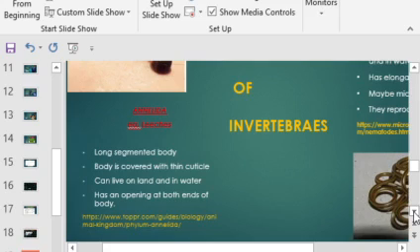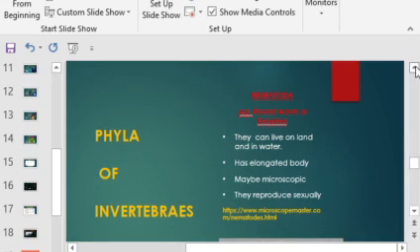If we move to the next page, we will also see the next phylum, the Nematoda, which examples will be roundworm or Enoplea. Those are examples. So they can live on land and water as well, and have elongated bodies.